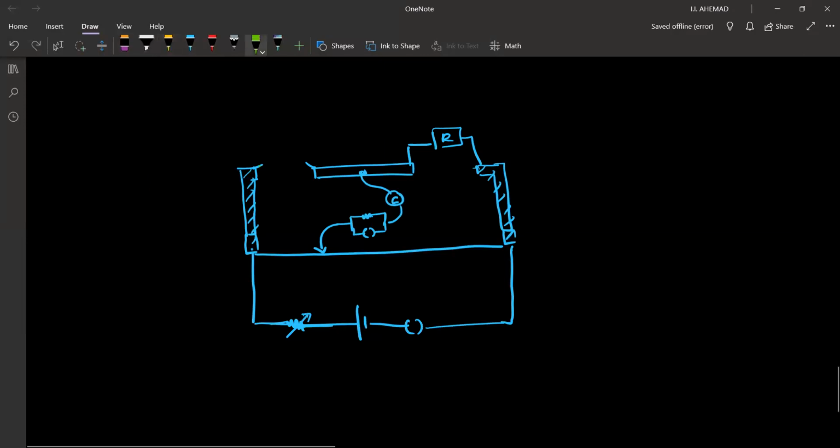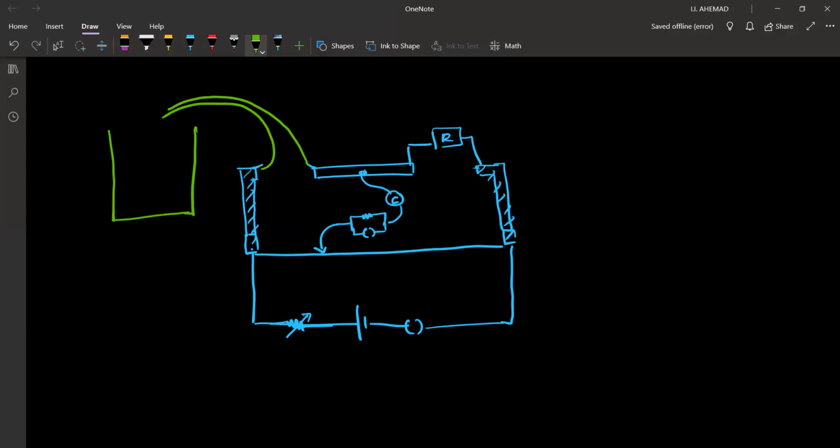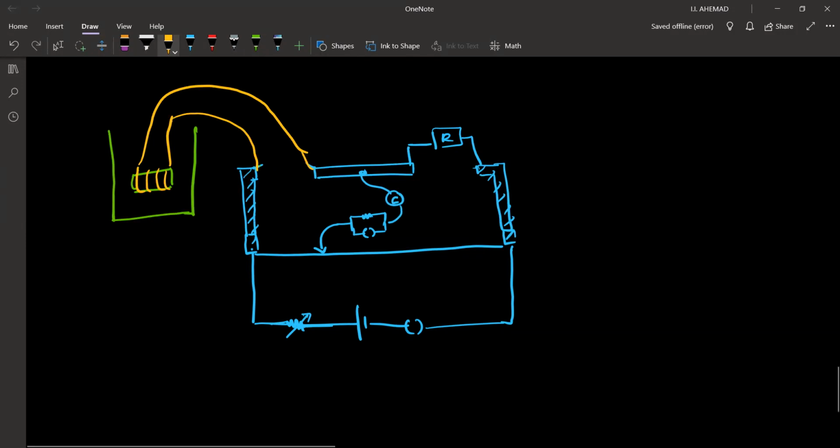I'll draw it closer. So the wire is woven around a wooden coil. So here we have a wooden coil. Around that the wire is woven. And now we have filled this with liquid.